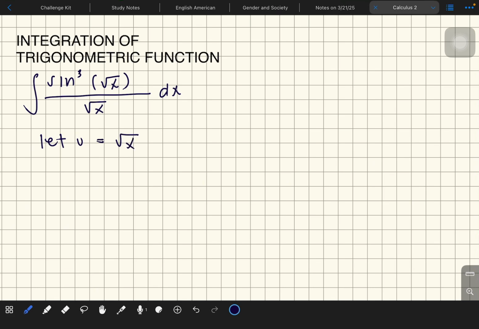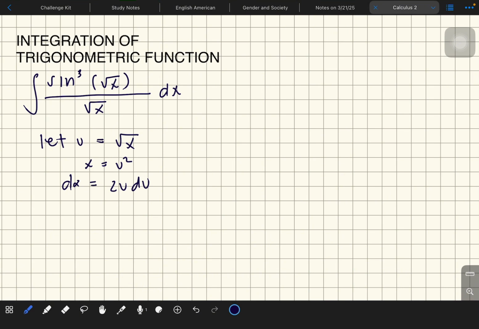Square root of x. So x equals u squared. So dx is equal to 2u du.